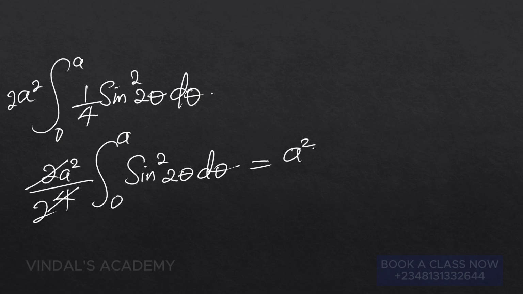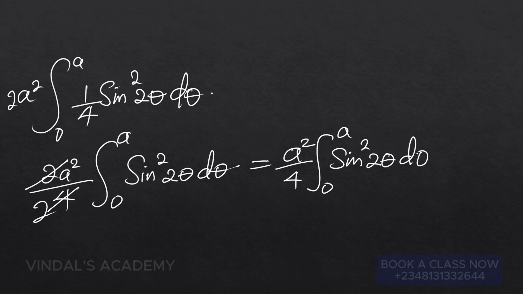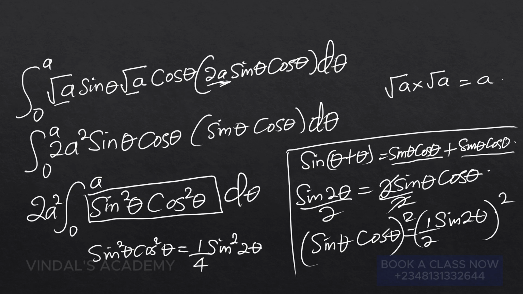So 2 divided by 4 gives a squared all over 2, the integral of 0 to a of sine square 2 theta d theta. So this is exactly what we intended to prove, and we have been able to do it.